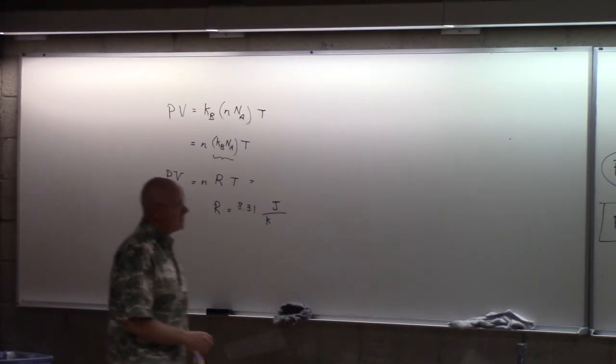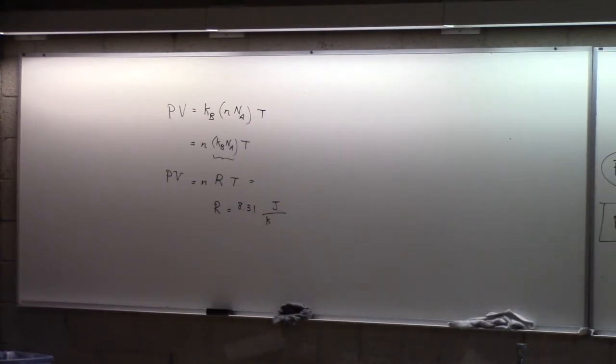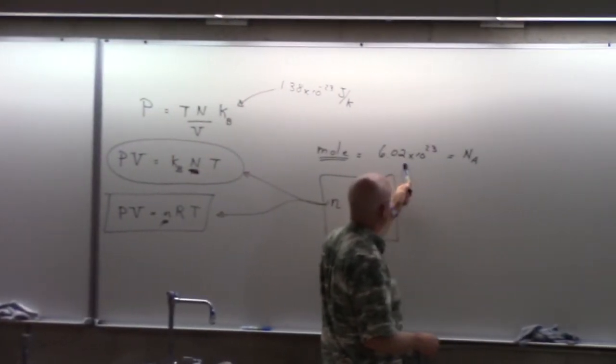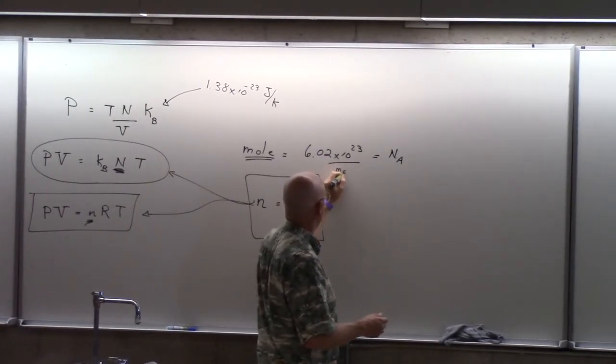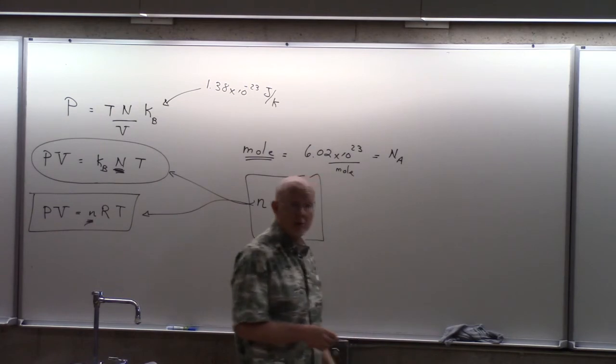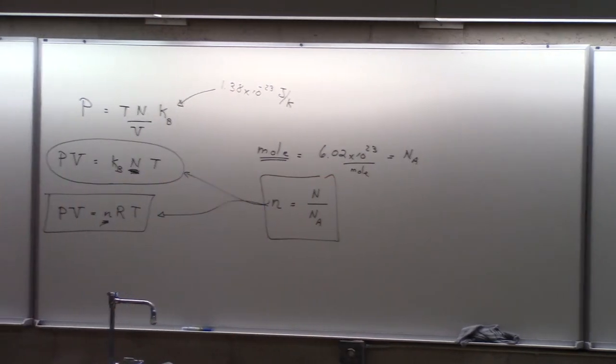And I guess I didn't put any units here, but I suppose I should have. This would be 6.02 times 10 to the 23 atoms per mole. And so this should be then per mole.